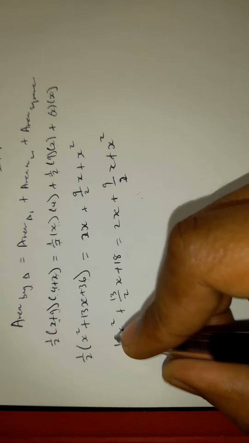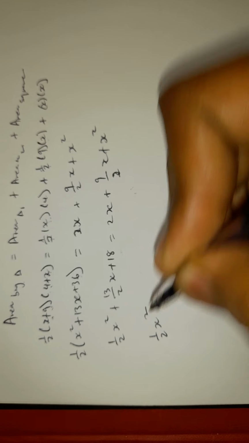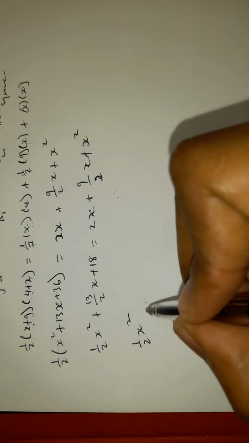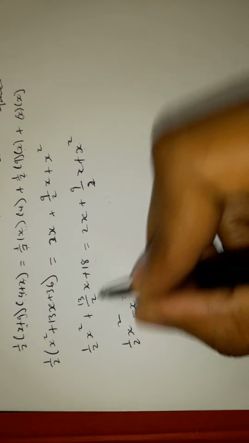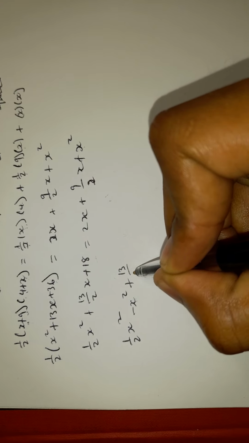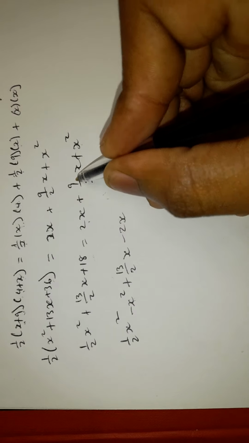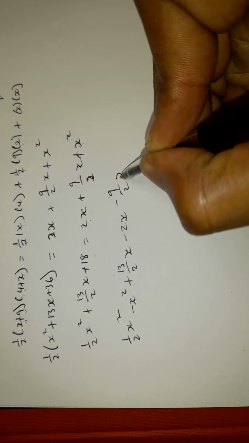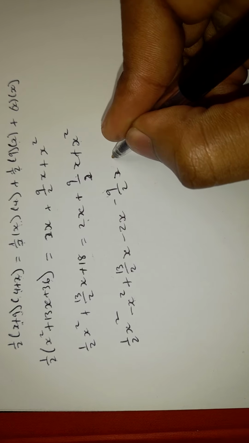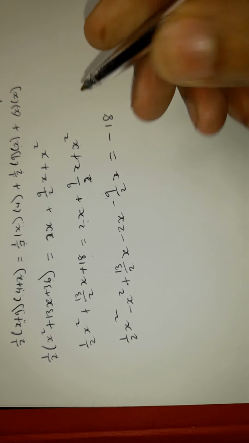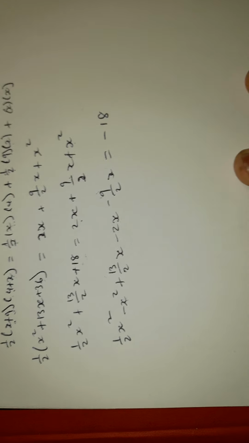So we'll be having half x squared. We take this to this side, it will be minus x squared, and then we have plus 13 over 2x minus 2x minus 9 over 2x, and then we have negative 18 because it's going to change sign, right?